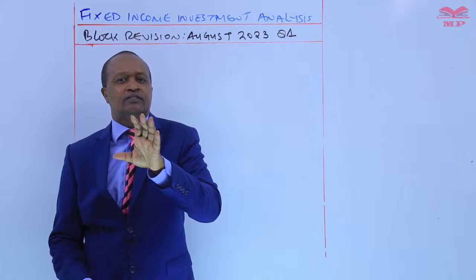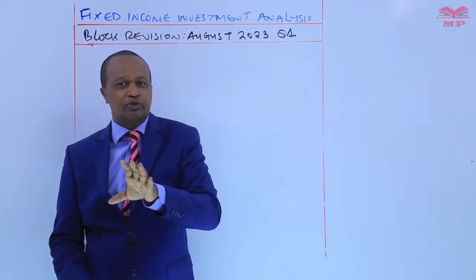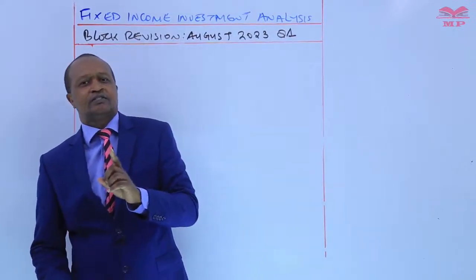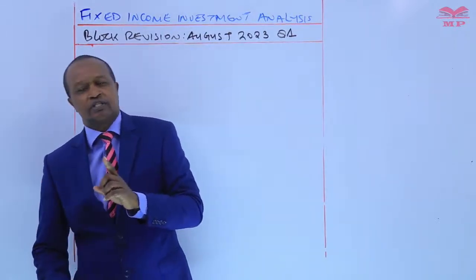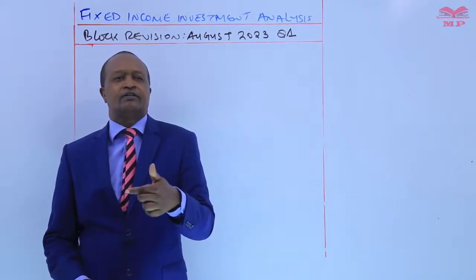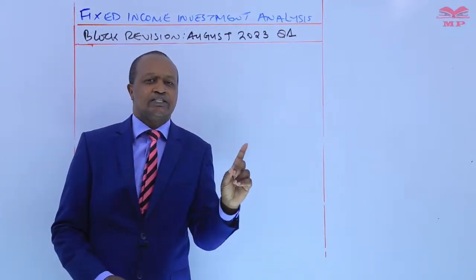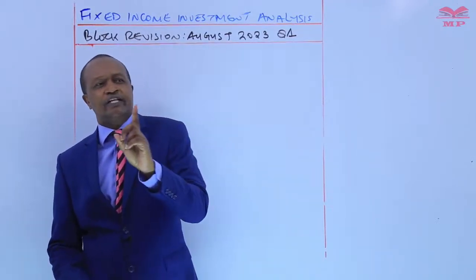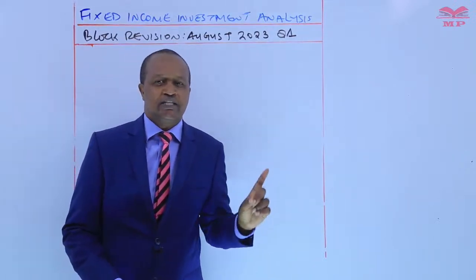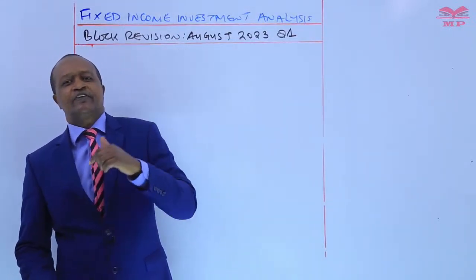And the two currencies that are involved in a dual currency bond are typically chosen based on the issuers' and the investors' preferences. You understand? For example, a Kenyan company might issue a dual currency bond denominated in Kenya shillings, but offering coupon payments and the principal repayments in Uganda shillings or US dollars at a fixed exchange rate.